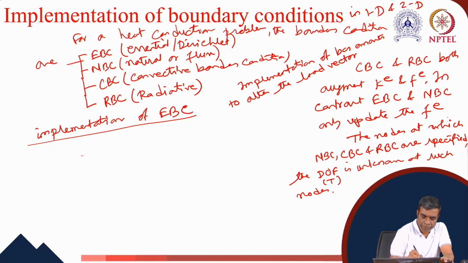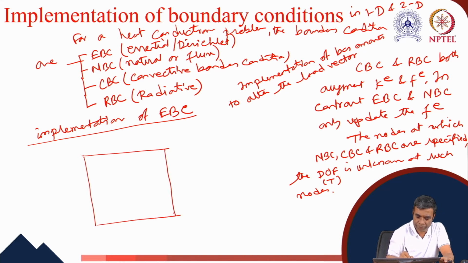So let us consider a two-dimensional domain. So this portion, the right side boundary, is subjected to essential boundary conditions. So this is omega. Now we consider part of the boundary is having elements of triangular type and one element I am showing as quadrilateral type.